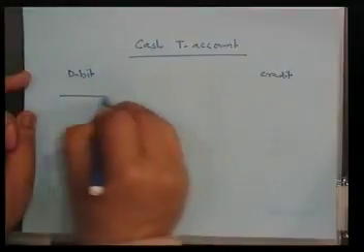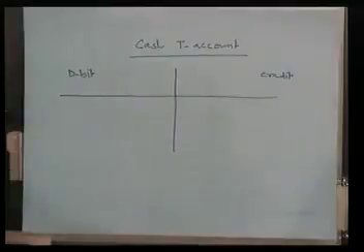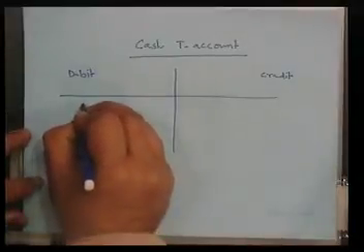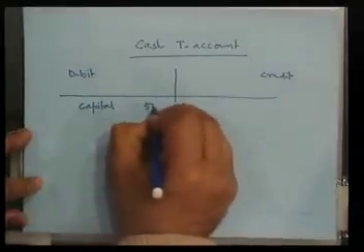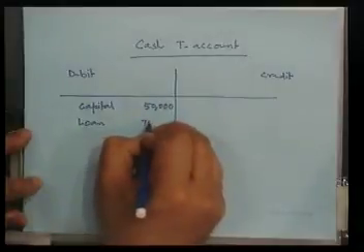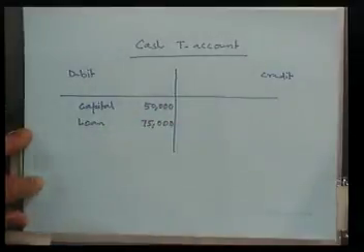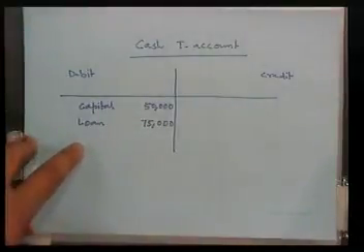Now here since the cash has increased from 0 to 125,000, which is an increase, it will be recorded in debit side. So here I will write capital 50,000, loan 75,000. This is how it will be shown under cash T account.